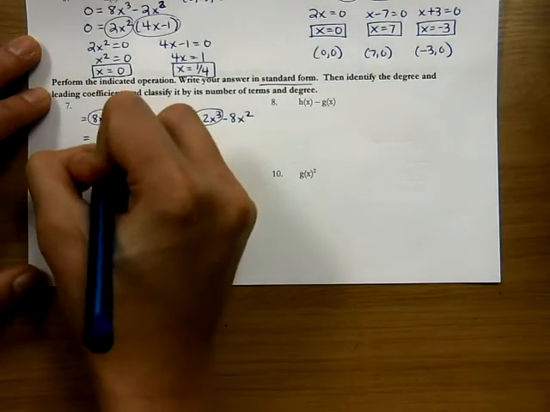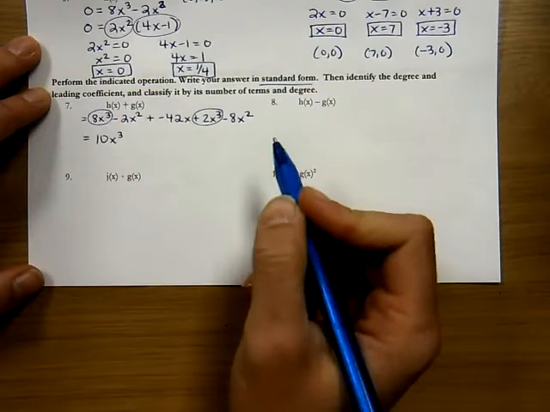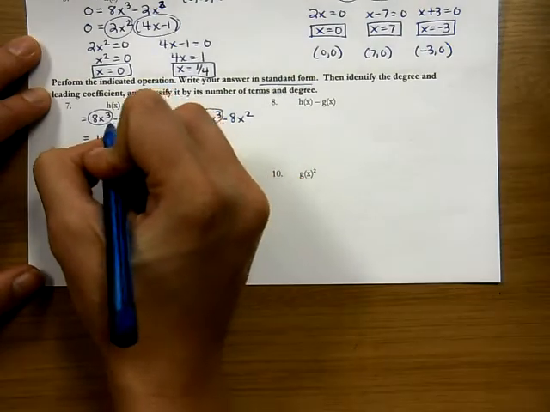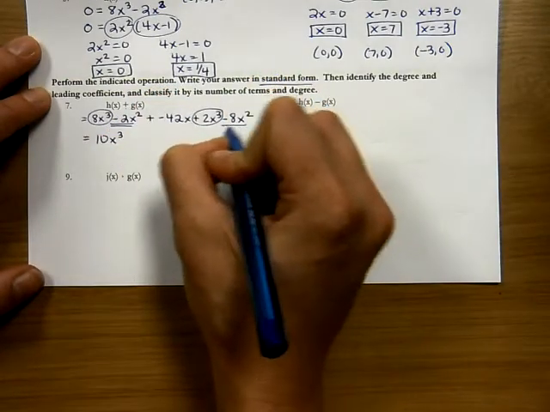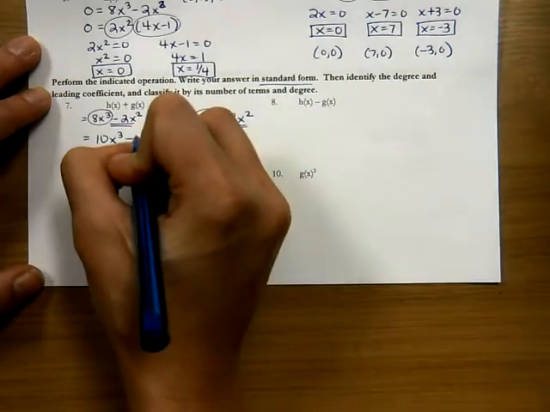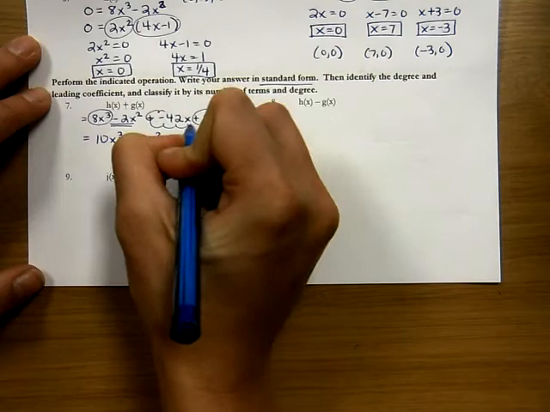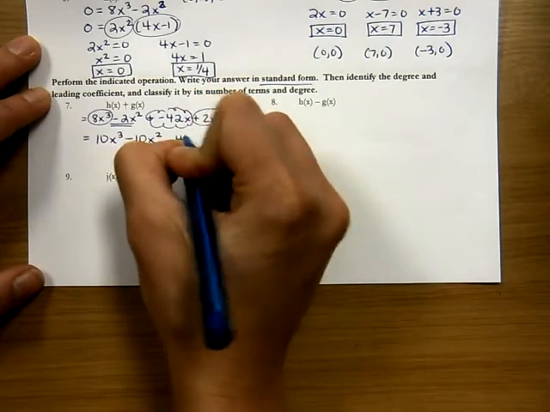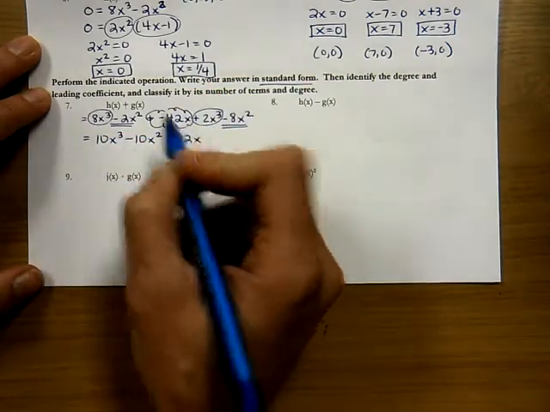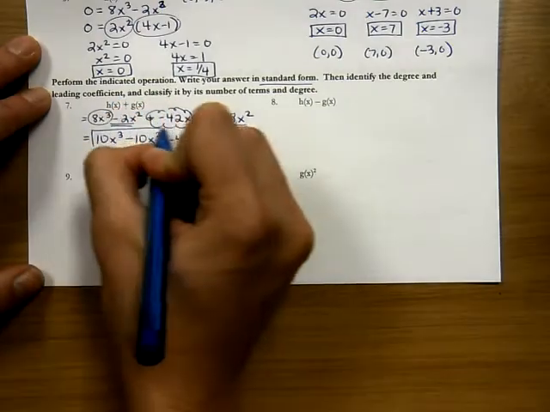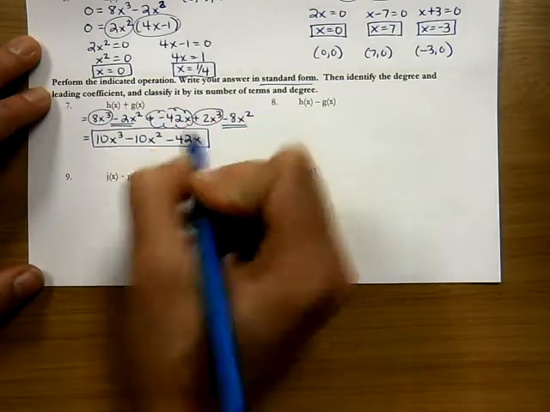Those will add to be 10x to the third. I move on to my x squared items. Negative 2x squared and a negative 8x squared would be minus 10x squared. And now my x term is just minus 42x. Because we're writing them in descending order with the exponents, that's already standard form.